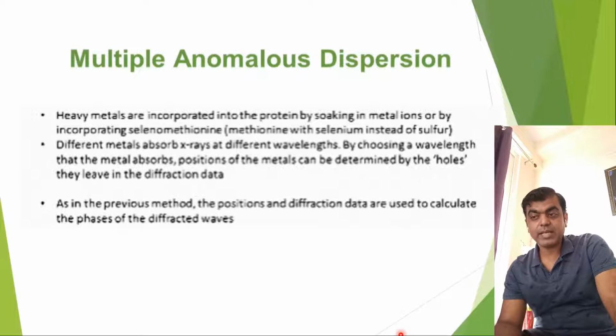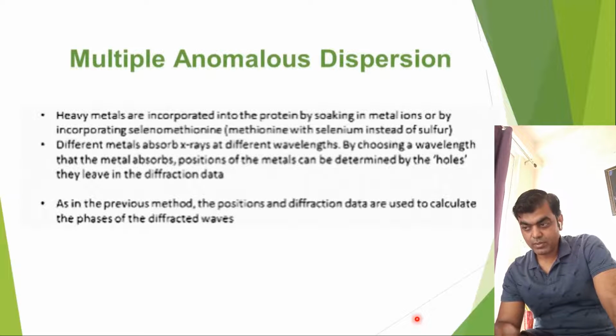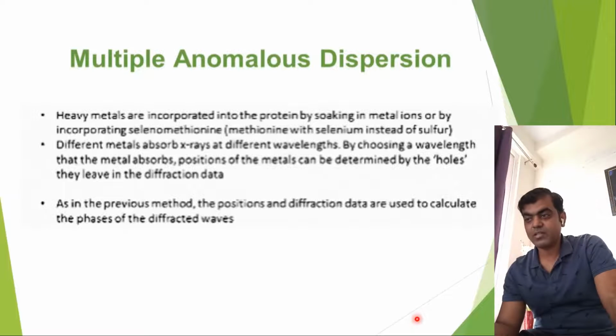Now different metals absorb X-rays, as we have seen, by choosing a wavelength that the metal absorbs. Positions of the metals can be determined by the holes they leave in the diffraction data. Where there is an absorption, there will be a hole, there will not be a spot, and then we can find out that at this particular wavelength they are. From the pattern of this we can find out the phase information. So the position and the diffraction data will be calculated as per the previous MIR.